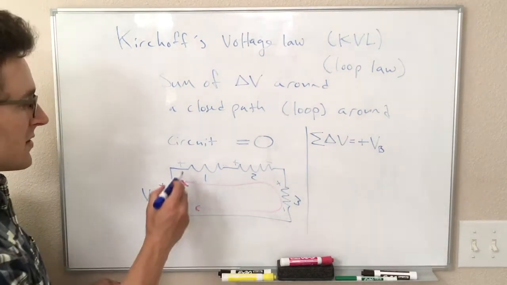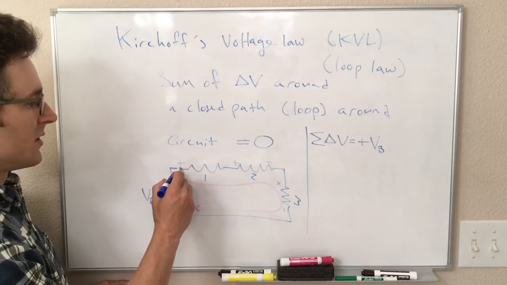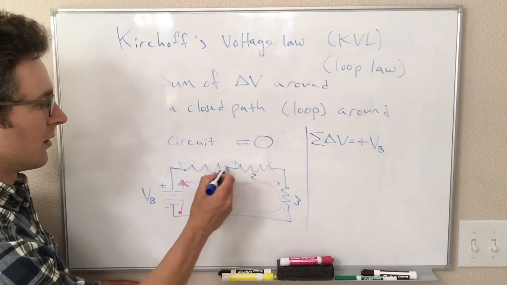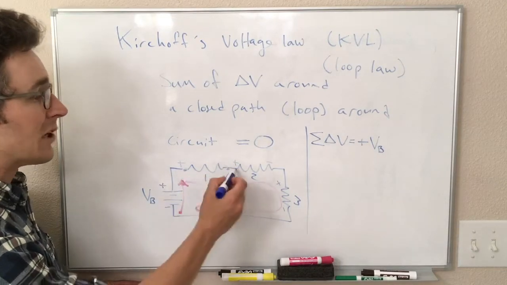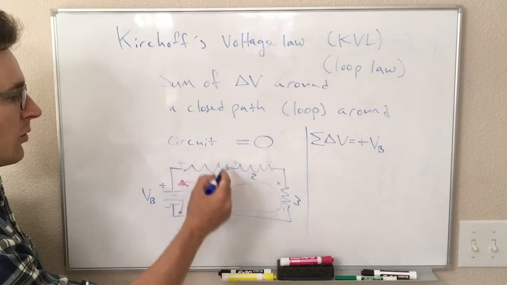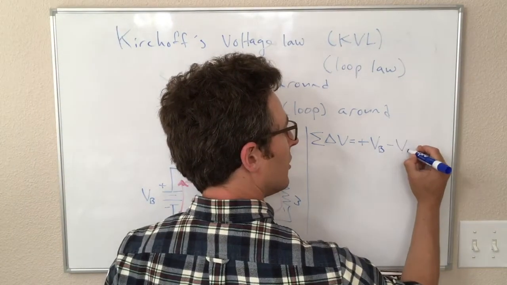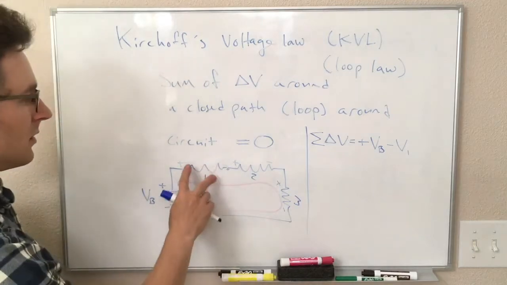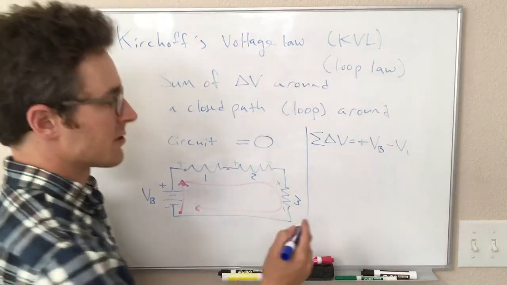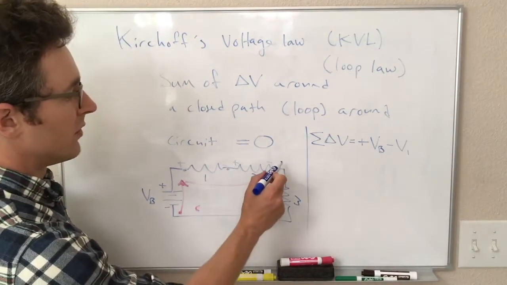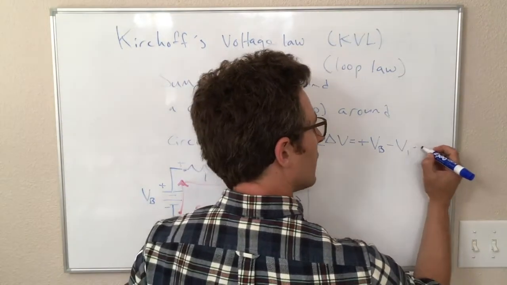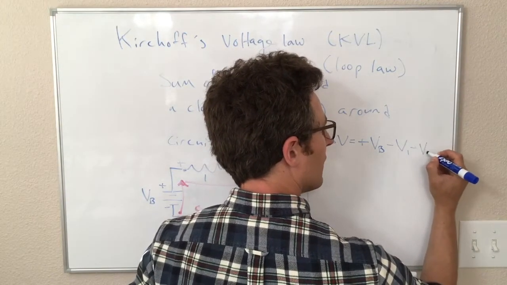So the consequence of that is that when we have our next delta V step across resistor 1 from here to here, we are decreasing our voltage by an amount equal to the voltage on resistor 1. So we have minus V1, where V1 is the delta V drop across resistor 1, and the same for V2 and V3. And we'll see if I can fit these on the line.